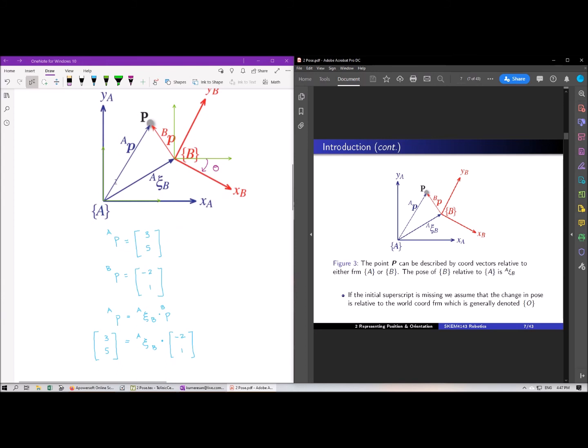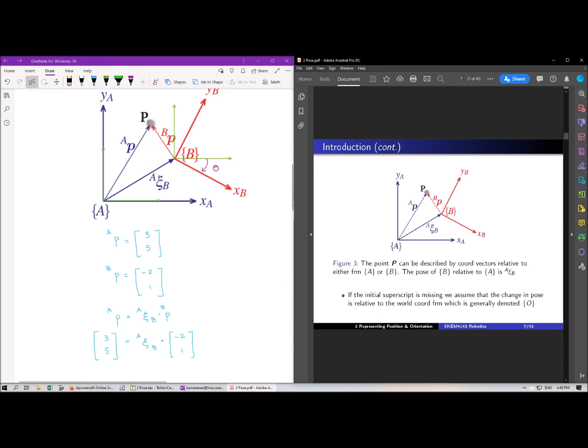So what is ^A P? As I said earlier, ^A P is the mathematical description of point P. That means we are looking at this coordinate frame and trying to get the coordinates of P. So maybe ^A P can be (3, 5). The x coordinate is maybe 3, the y coordinate can be 5.